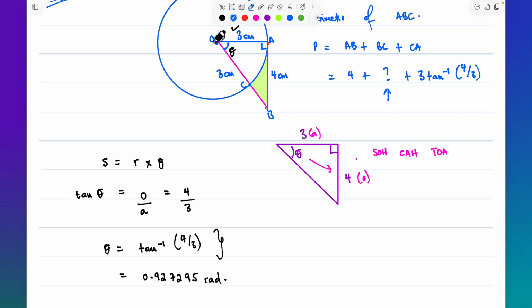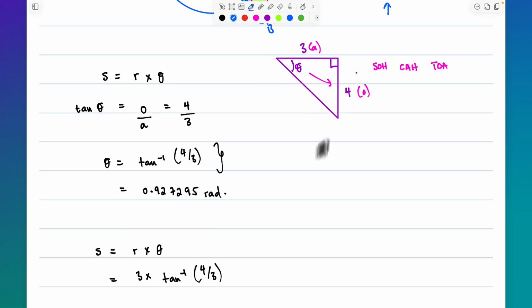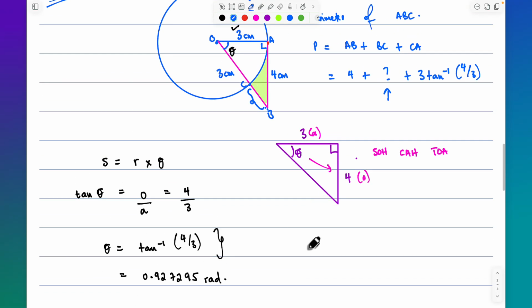So if we take this whole OB and remove that radius, we'll be left with this portion over there. So the equation that I'm going to write on the side is, in order for us to get BC, we need to find OB and then subtract the radius, which is OC.